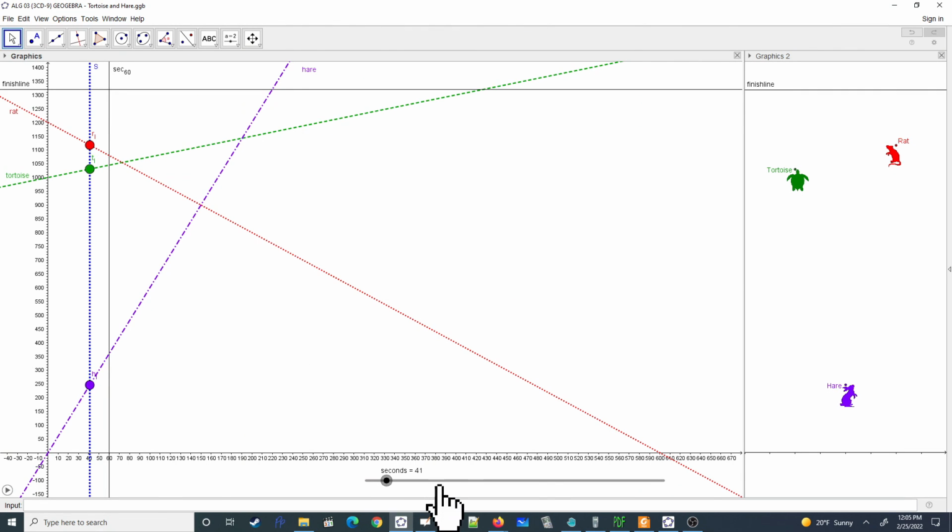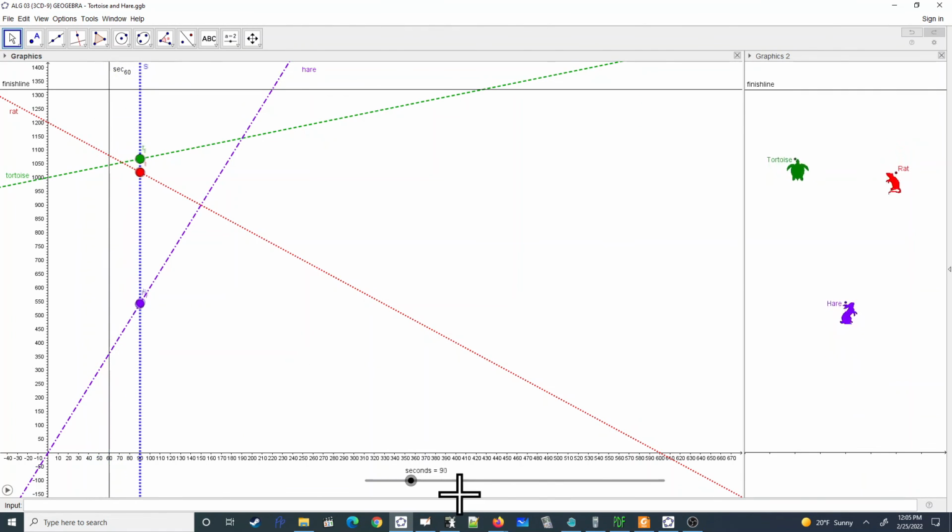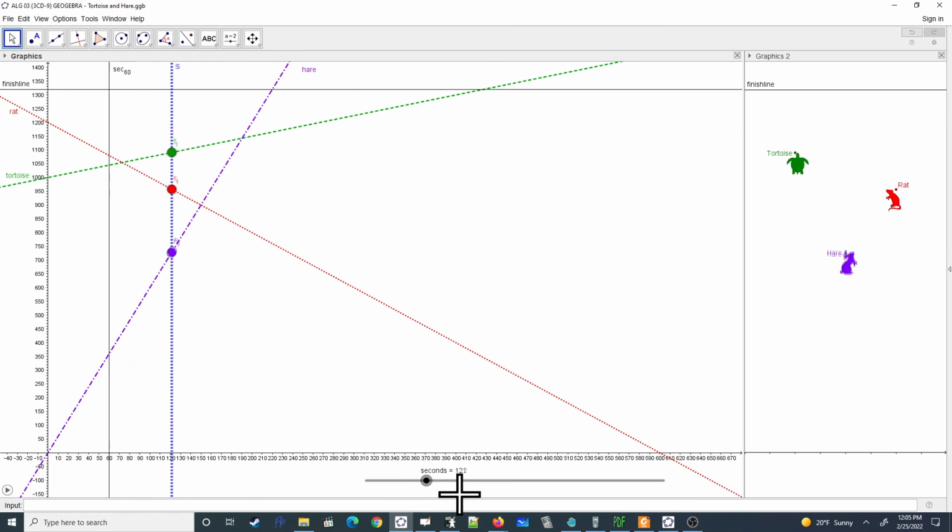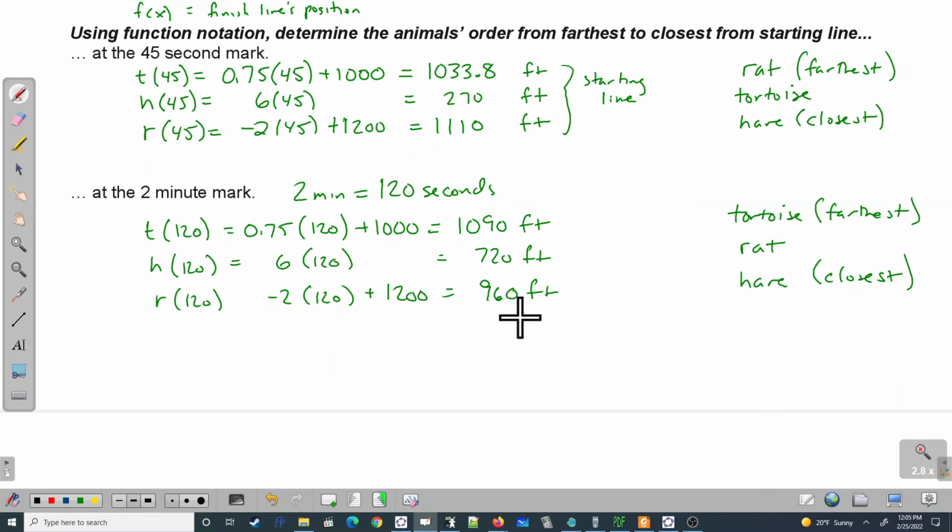If I move to 120 seconds, you can see how the hare is moving up fast. The rat has now moved into second place. And now we have the same answers as 1,090, 720, and 960.